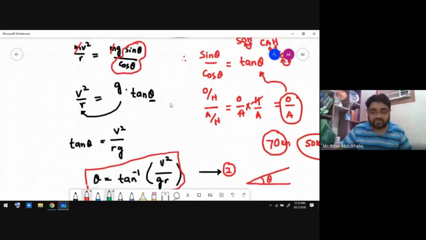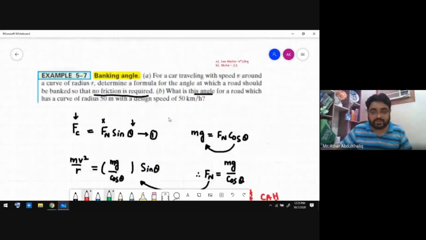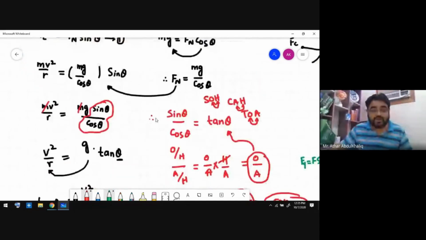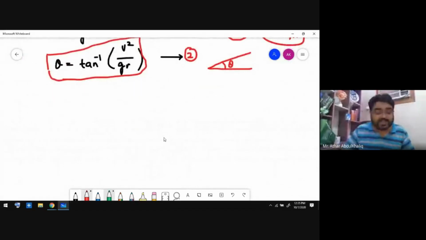Now I'm going to move to the second part of the question. What is the angle now? They are asking for the angle for the road which has the radius of 50 meter and speed of designing is 50 kilometer per hour. Now in part B, they gave us two things.